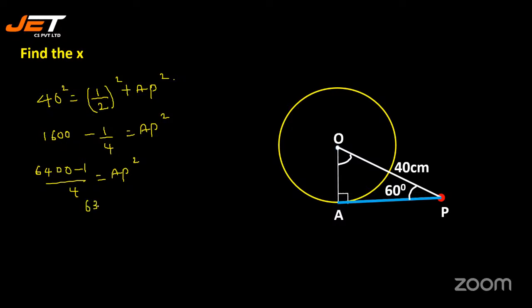So 6,399 by 4. Right? And when you take the square root of this, then you will be getting the value of x. So this is by solving it using the normal Pythagoras theorem.